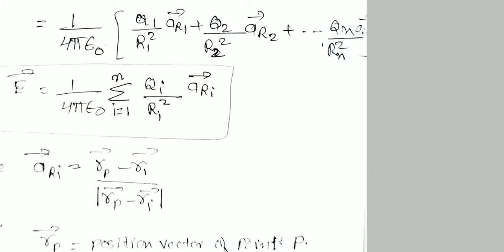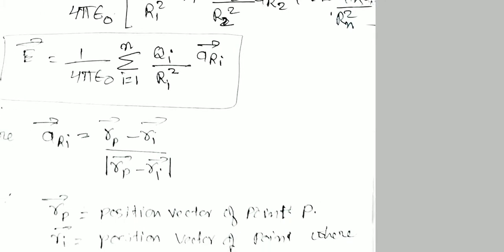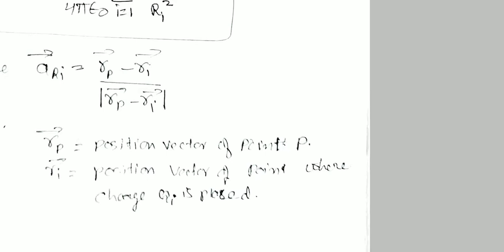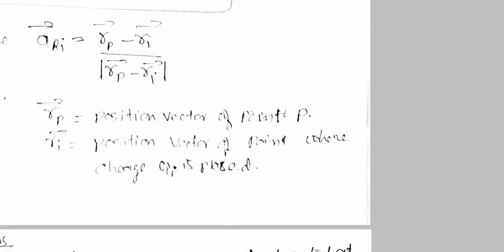Here the AR vector indicates the unit vector in the direction of the electric field intensity. RP indicates the position vector. You know how to calculate the unit vector.